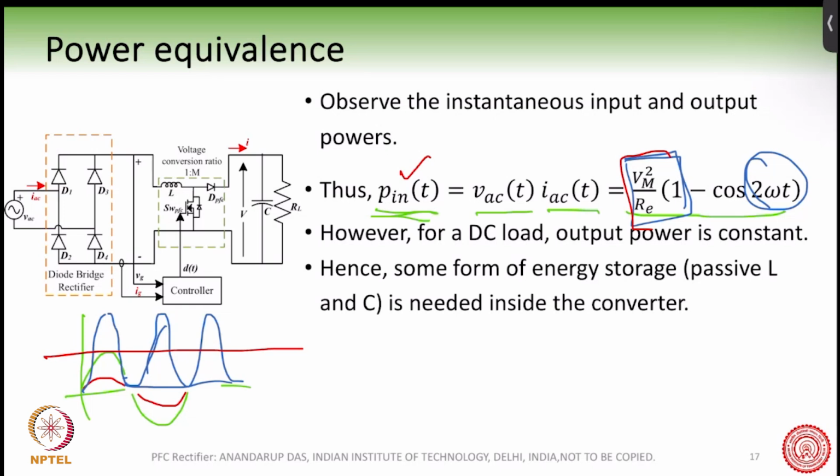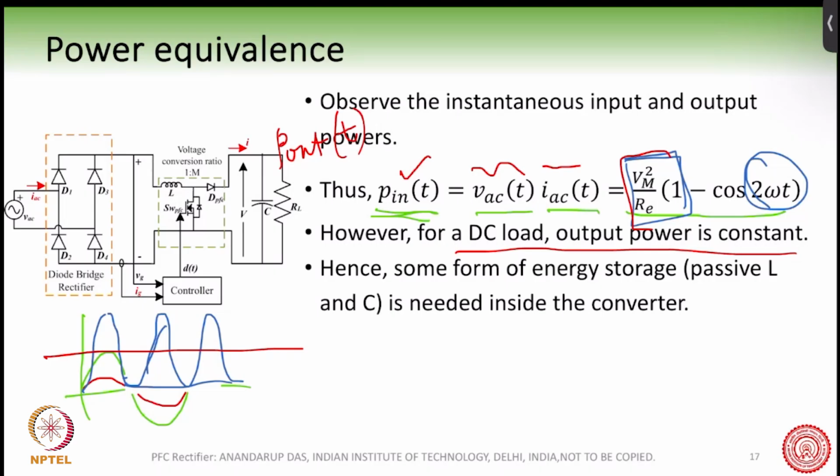You cannot stop this, nobody can stop it, because we have made the AC voltage and AC current sinusoidal, and from fundamental principles the input power will always have this fluctuating component. On the other hand, the output power P out of T for a DC load will be constant, because we make the voltage and current constant.